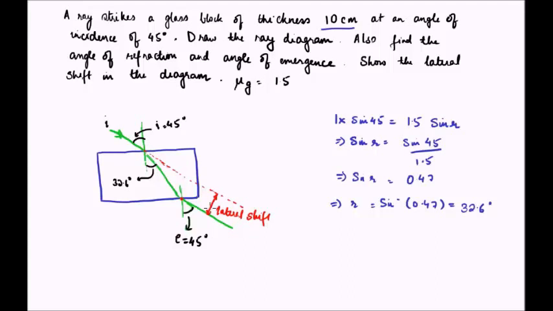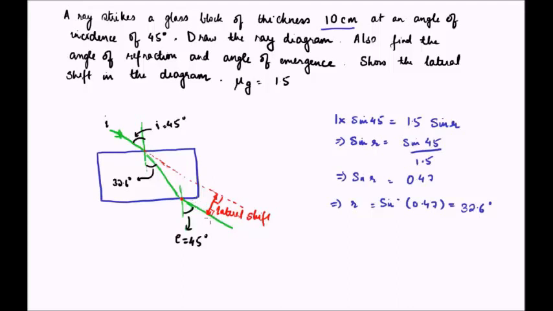Now one important thing to note here is that the lateral shift is the perpendicular distance between the extended incident ray and the emergent ray. What I mean by that is that this angle is 90 degrees. So you cannot just draw a line like this and say that is the lateral shift. No, the lateral shift is the minimum distance between these two lines, which is the perpendicular line.